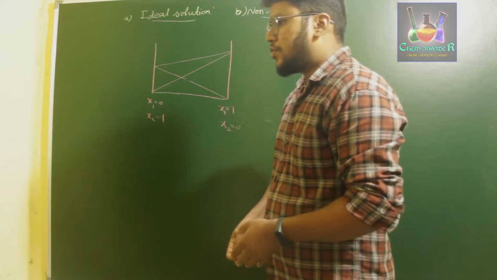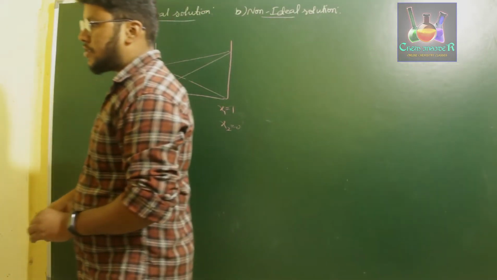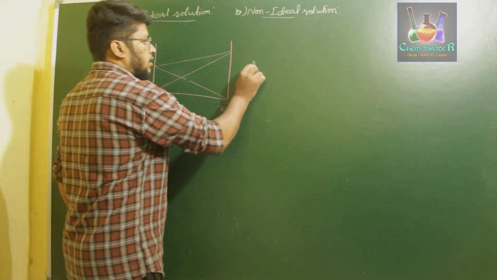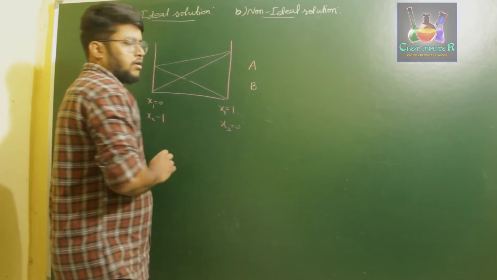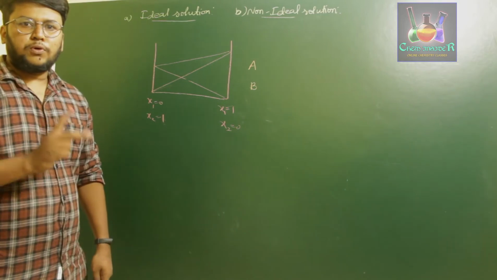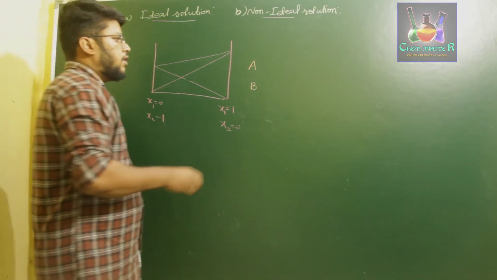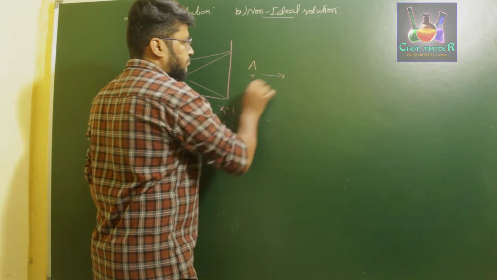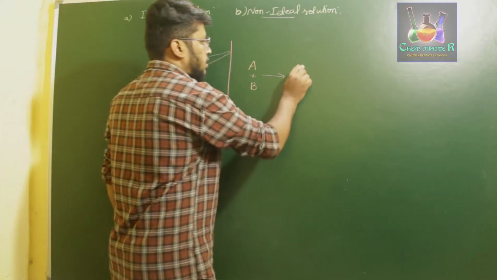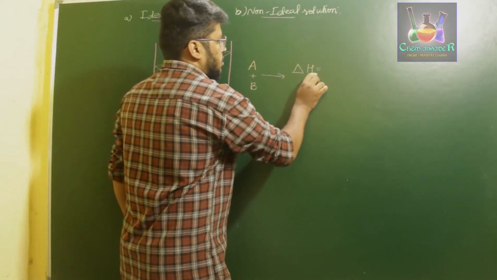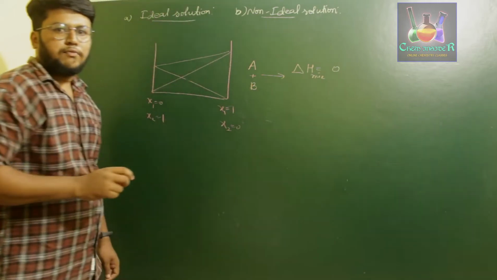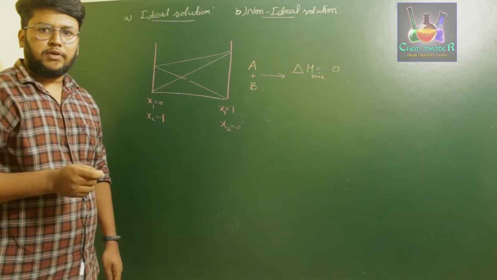In the case of an ideal solution, clearly we say it is a binary component. So if you consider liquid A and liquid B being mixed with one another to form an ideal solution, we observe two more important properties. When you mix liquid A and liquid B, we won't observe any change in enthalpy. That means the change in enthalpy for mixing A and B will be equal to 0.